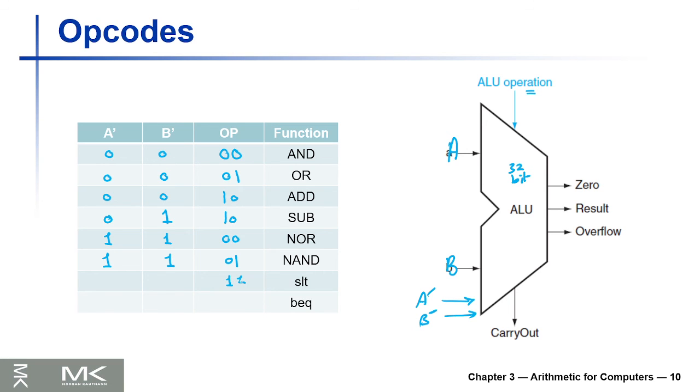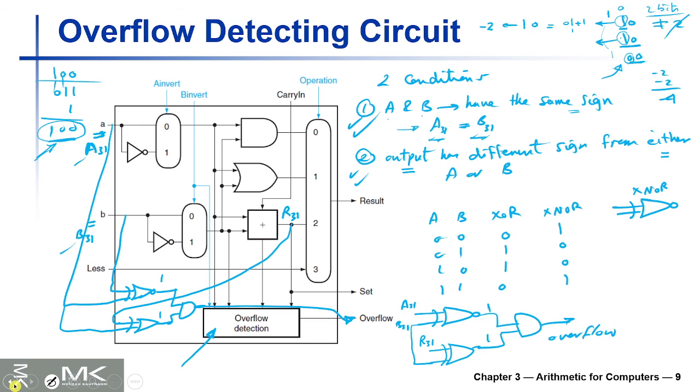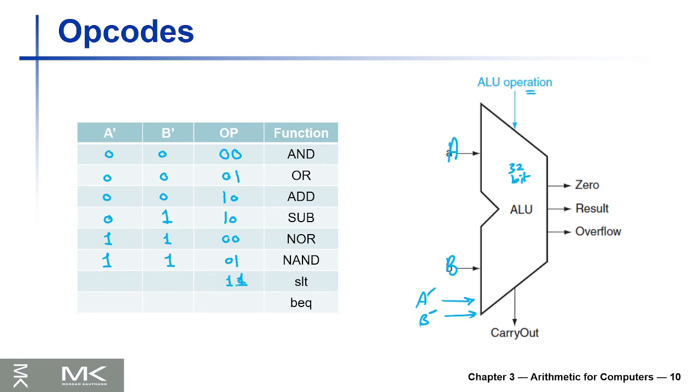If we go back here, one slide, 3 is 1, 1. And for set less than, we need B complement. We don't need not A or A complement. Why is that? Because in set less than we do A minus B. Remember this.